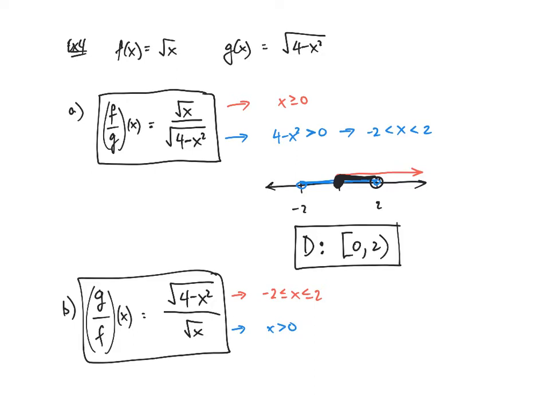So again, if you consider these two graphs superimposed on top of one another, right, you've got the red one that includes both sides and goes from there to there. Then you've got the blue one, which is open on 0 and goes to the right. So the overlapping part is open 0, close 2, shaded in the middle. So here, your domain is 0 to 2, like that.